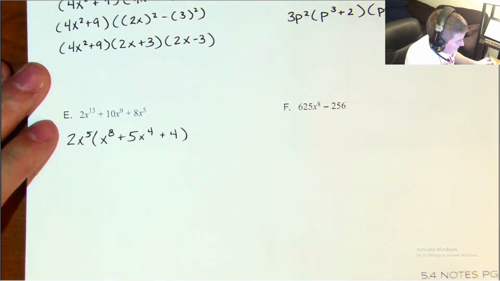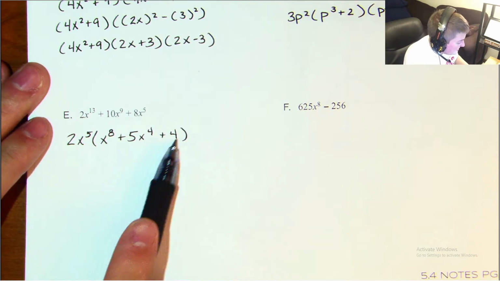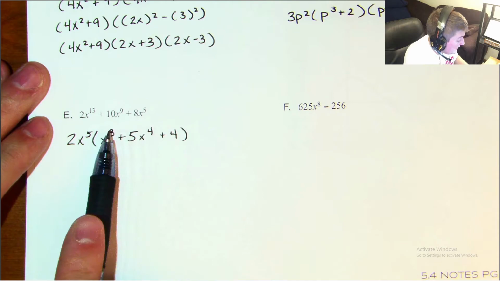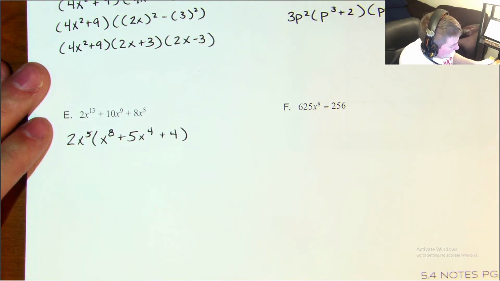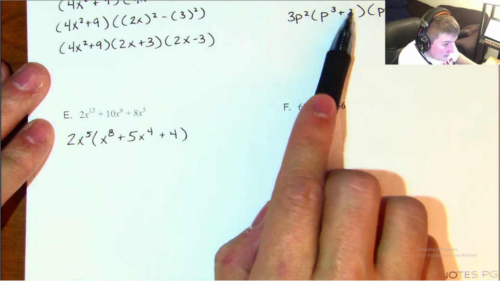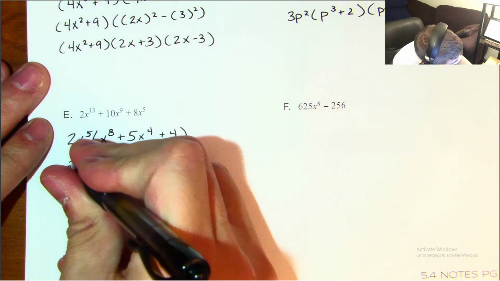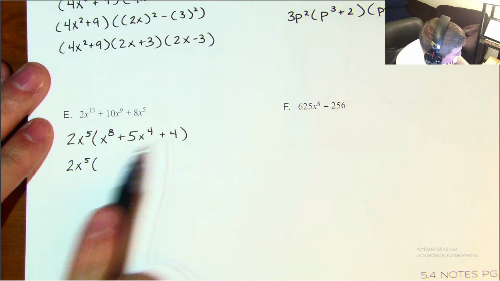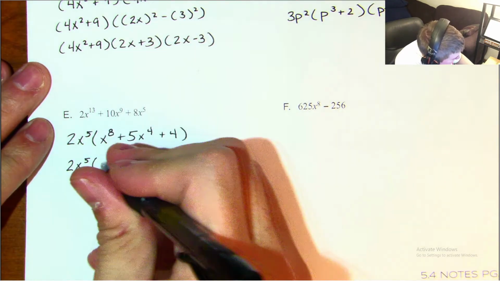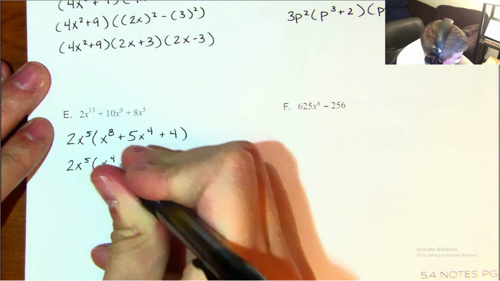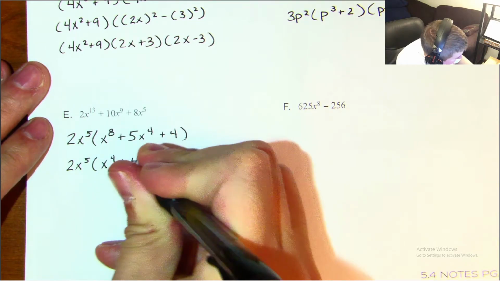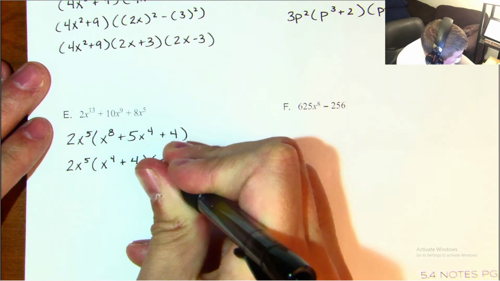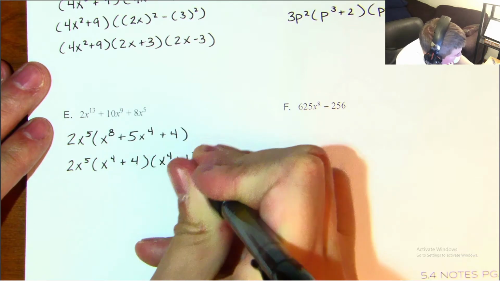Okay. So then this is in quadratic form: no exponent, 4 exponent, double that to 8. So this can be treated just like this one here. We're going to go x to the 5th times numbers that multiply to 4 and add to 5, which would be 4 and 1. So we get x to the 4th plus 4 and x to the 4th plus 1.